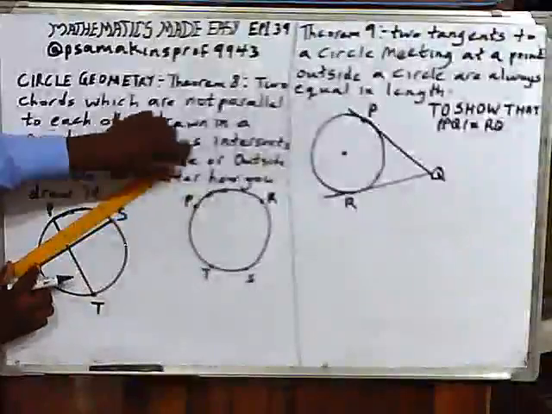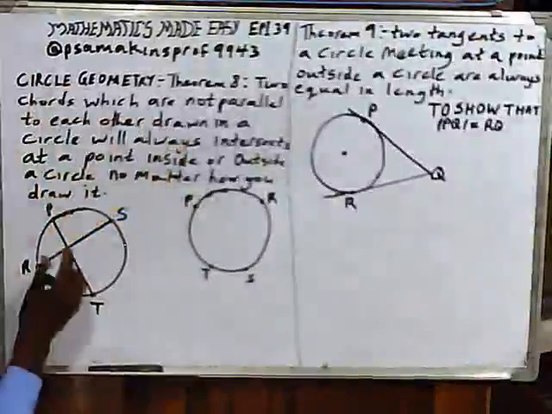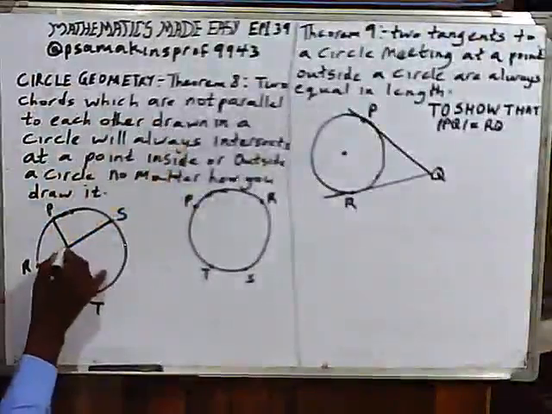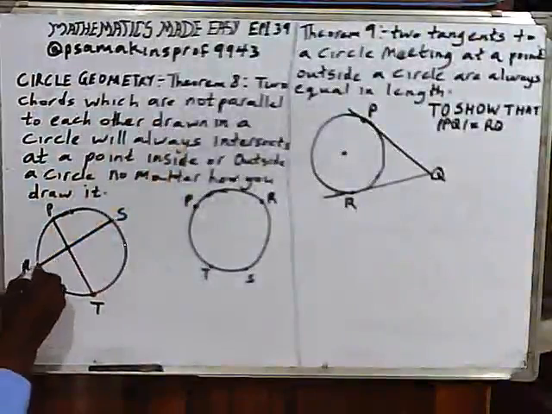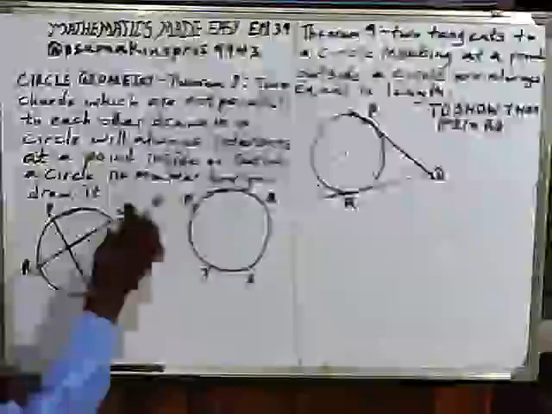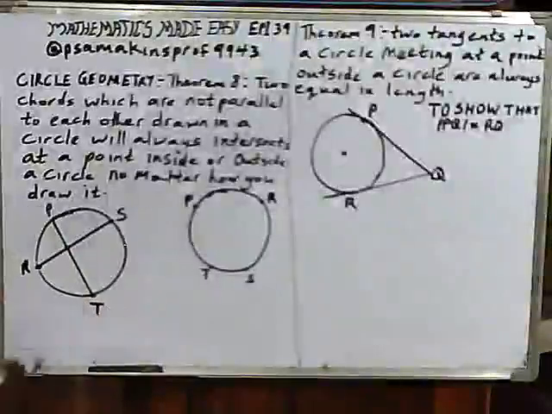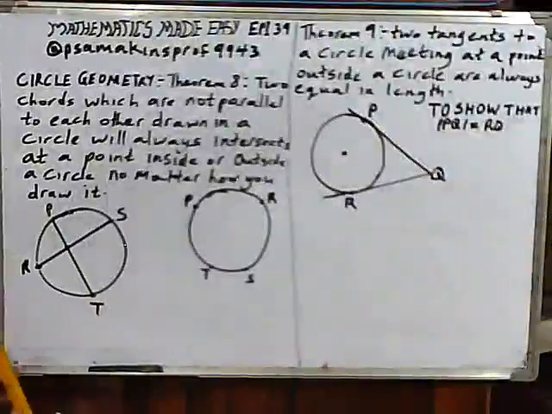This can only be proved by construction. So this is the point of intersection of chord RS and PT, which are not parallel to each other.